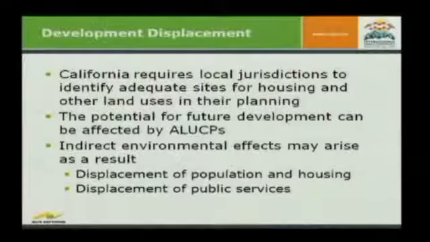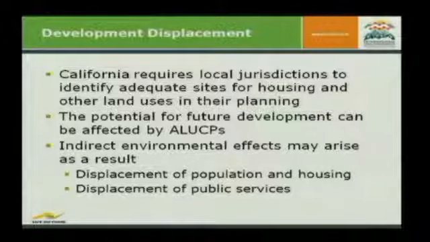And the court agreed. See, in the state of California, local jurisdictions are required to identify adequate areas for future housing and other land use in their planning. And so the potential for future development can be affected by implementation of ALUCPs, because ALUCPs limit the intensity, which is the number of people allowed per acre, and also density, which is like, say, the number of dwelling units that are allowed.